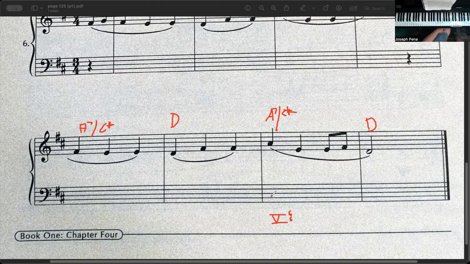And once again, how do we write that in? Like so. The G and A are together, G and A, just like that. Waltz style.